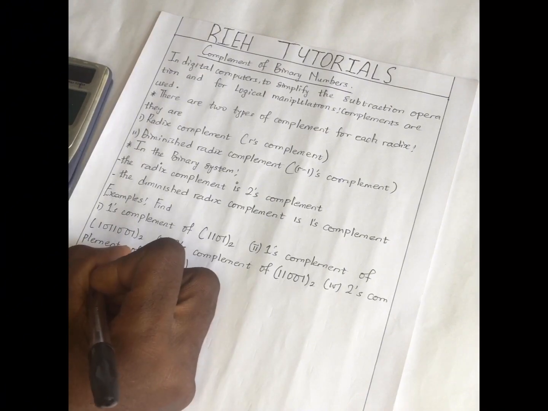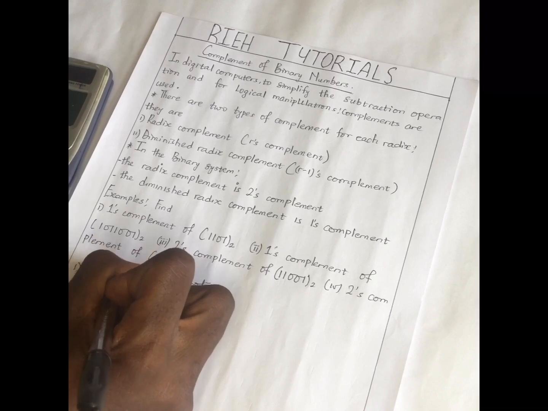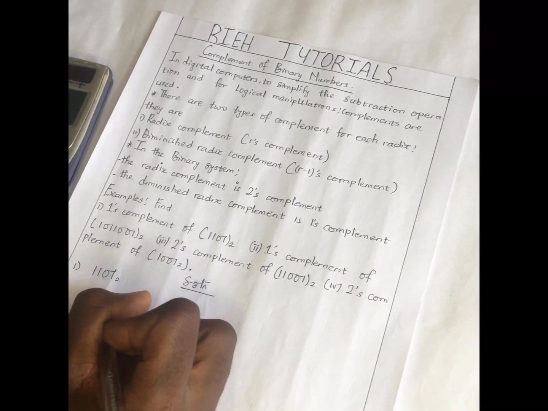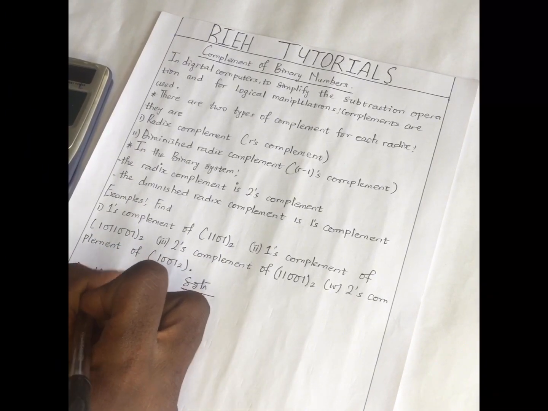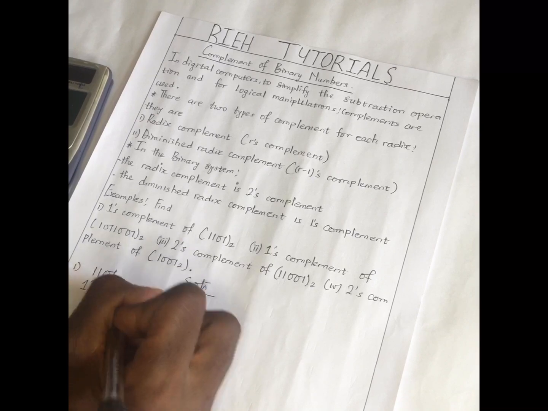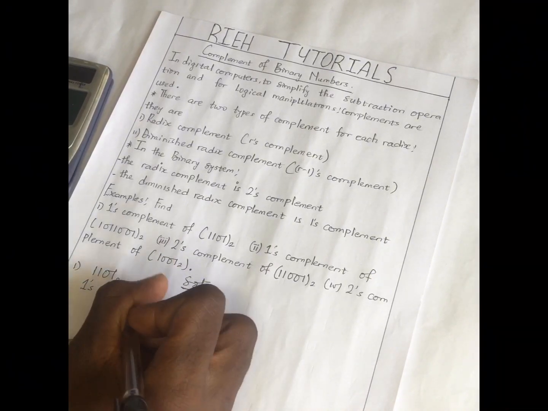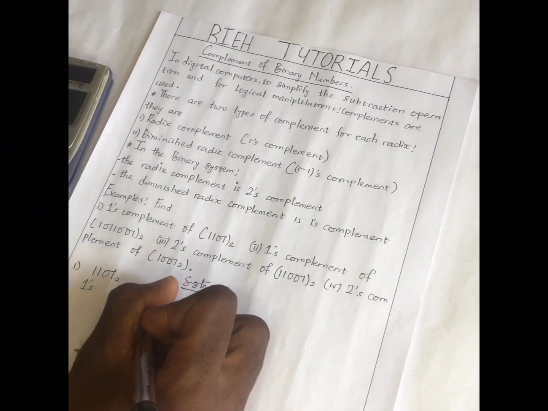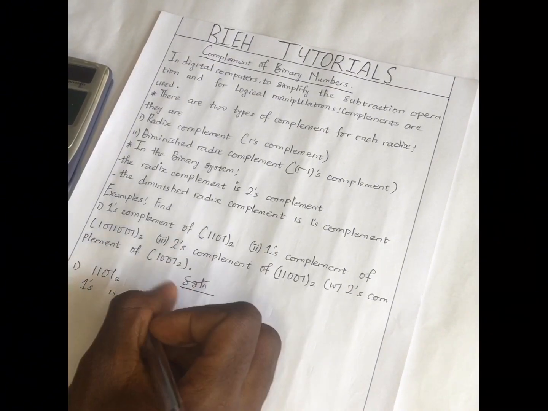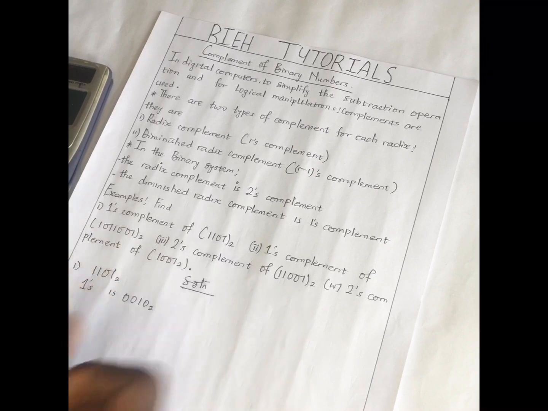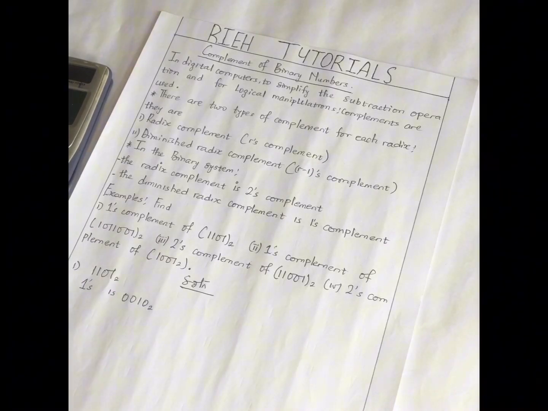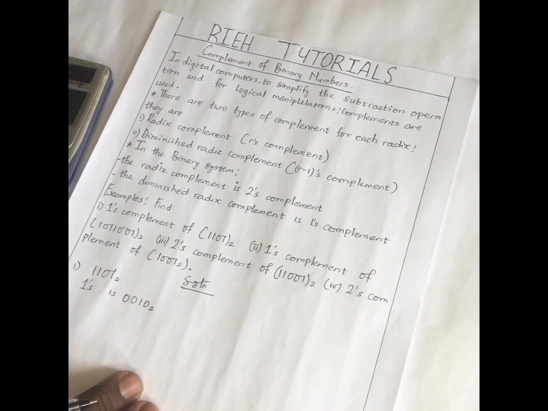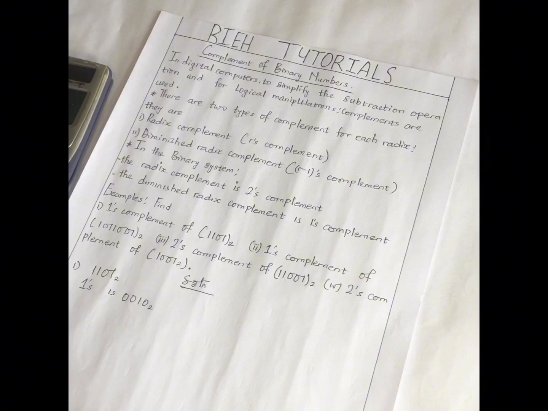So for 1101 base 2, since this is 1, it becomes 0; this is 1, it becomes 0; this is 0, it becomes 1; and this is 1, it becomes 0. It is as simple as that. Wherever you have 1, you simply write 0, and when you have 0, you write 1. So that is our first example.